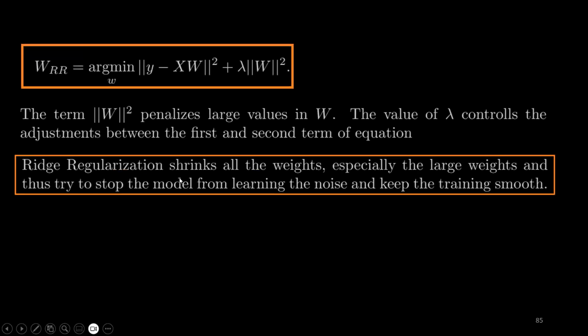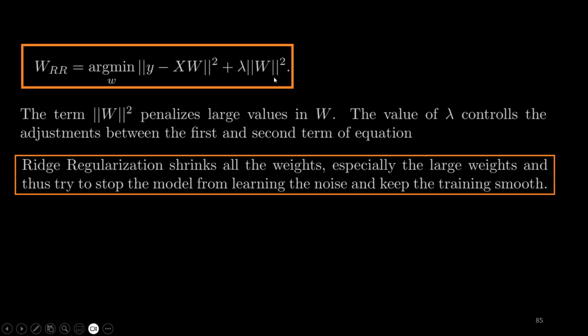Ridge regression shrinks all the weights, especially the large weights, and thus tries to stop the model from learning the noise and keeps the training smooth. In ridge regression, we have the parameter known as lambda. That lambda controls the adjustment between the first term and the second term.